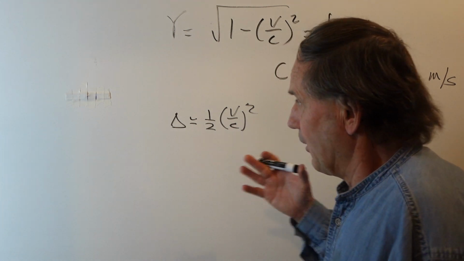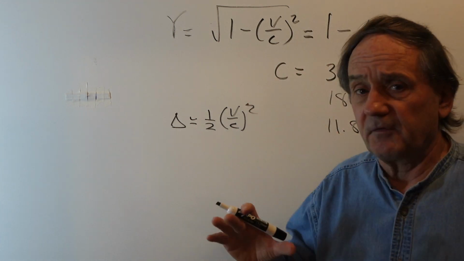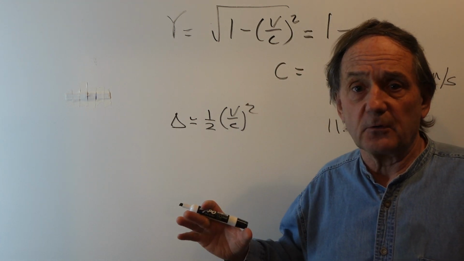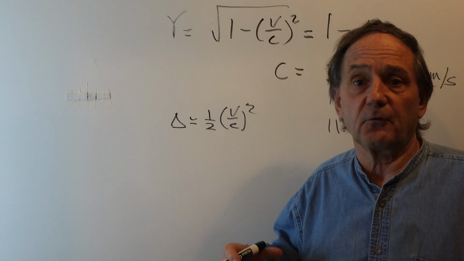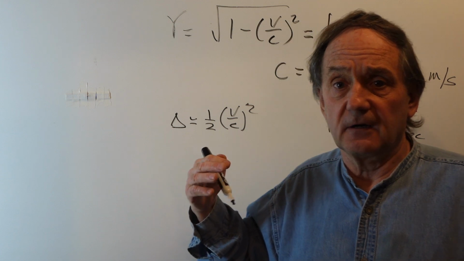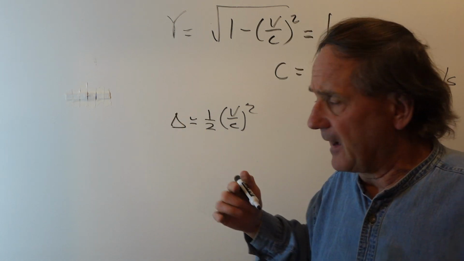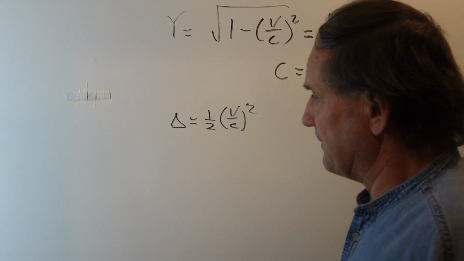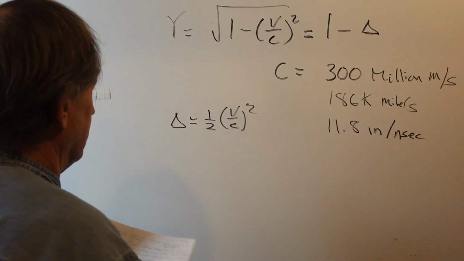And we know that to be true because we've had very successful results using Newtonian mechanics for space flight, launching satellites, trips to the moon and back. Newtonian mechanics is perfectly fine.